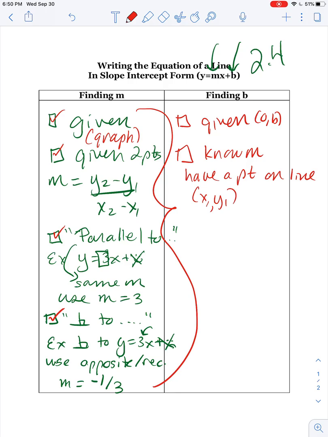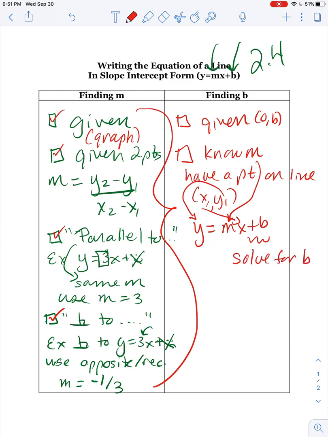So for example, they'll tell you this x1, y1 is on the line, and then you'll have found the slope in one of these four ways. So you'll set it up as y = mx + b. You'll put the slope that you know right in here, and you'll put the x and the y that you know into these two values. So this will be the only unknown, and that will allow you to solve for b.